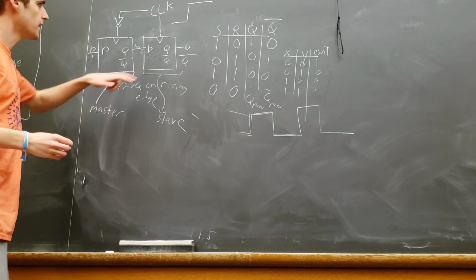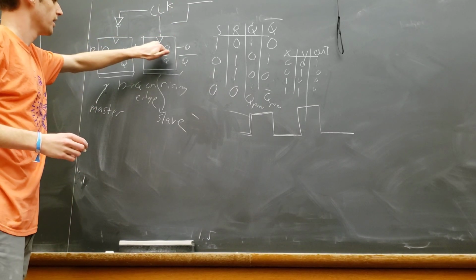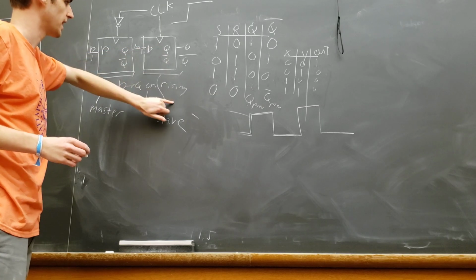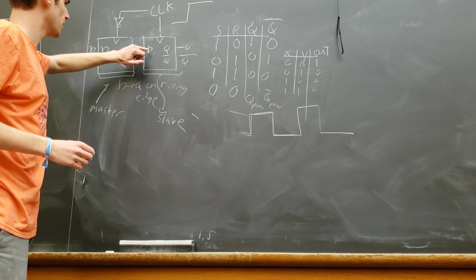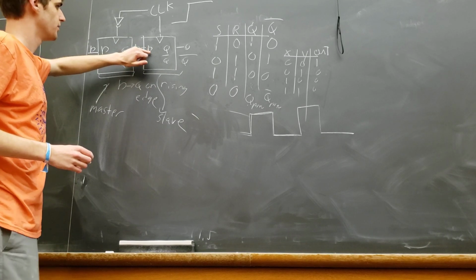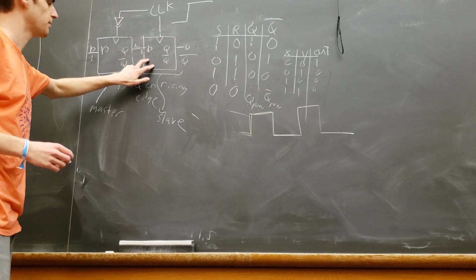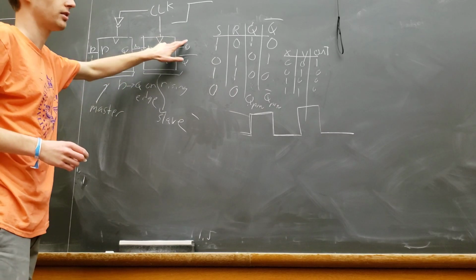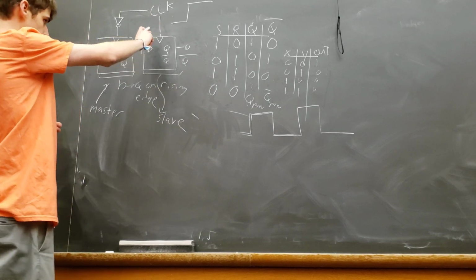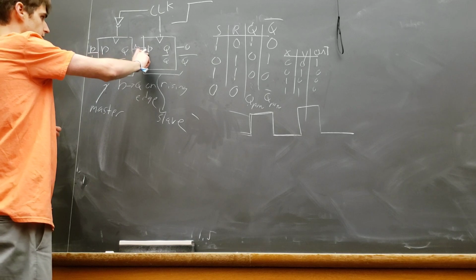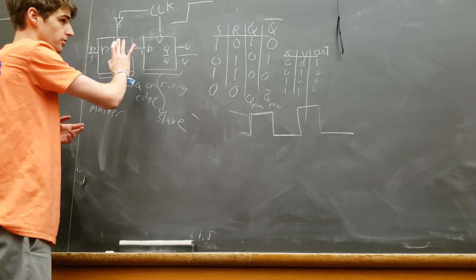Now, on this rising edge, this D latch, the slave, is going to copy whatever is at D to the output, which is Q. So the slave is going to copy whatever is at D to Q, which makes sense because when the clock is at 1, the input at D is copied to the output at Q. Just like before here when the input at D was copied to Q, same thing.